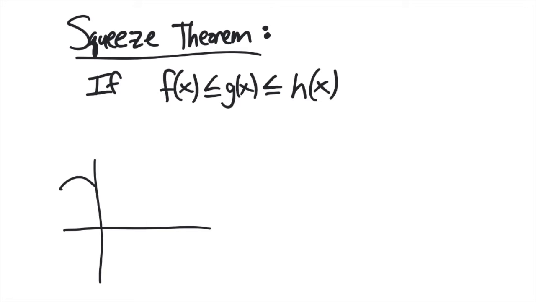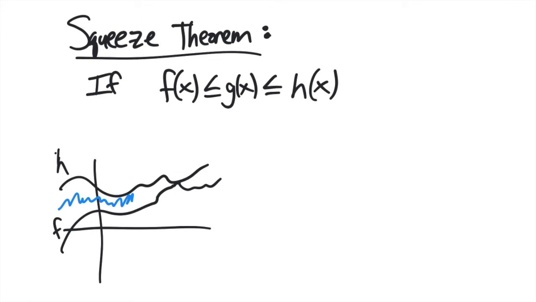So h of x is always the one that's bigger, and f of x is always the one that's lower, and maybe sometimes they meet, but f is always down below h. And g has to sit somewhere in between them at every point. Maybe sometimes it's equal to h, and maybe sometimes it's equal to f, but it's always got to be between them. g can't ever be bigger than h or smaller than f.